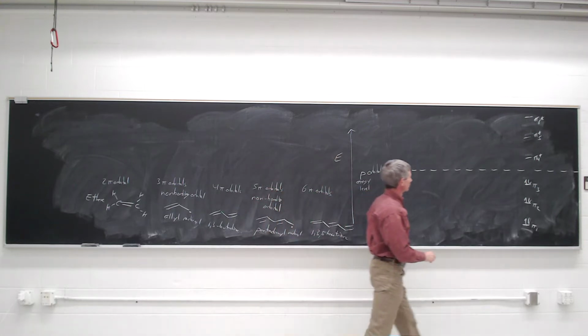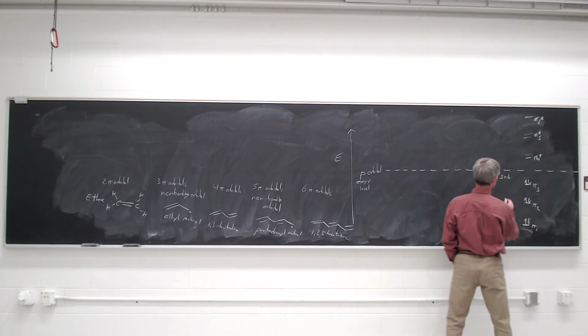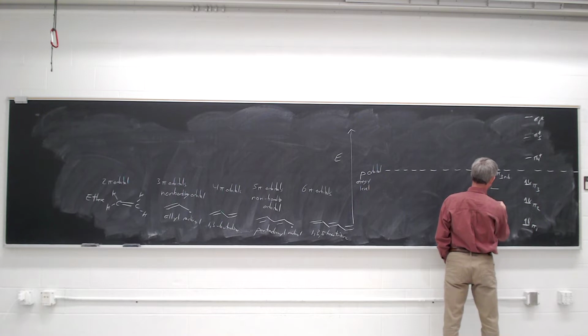The 5 pi orbital system will have pi 3 non-bonding here and approximately evenly spaced orbitals.